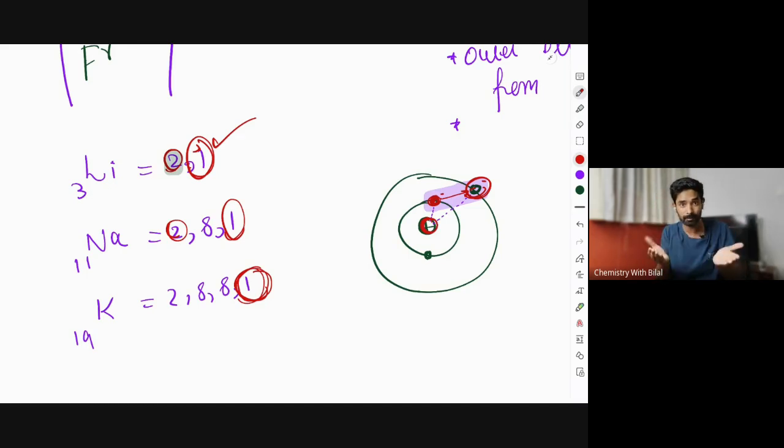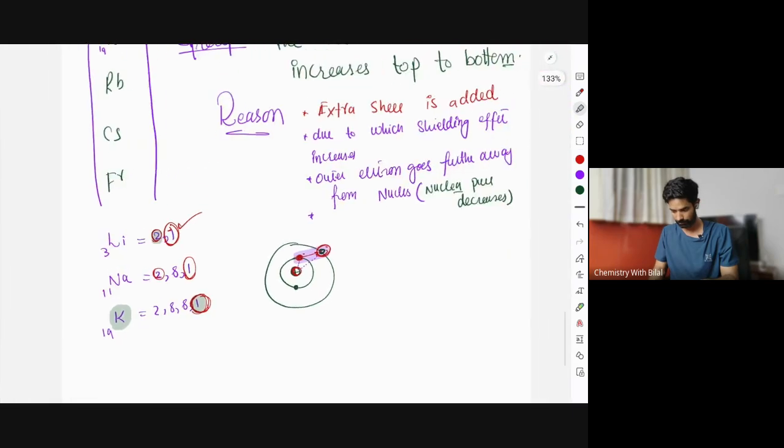Because atomic radius is increasing, nuclear pull is decreasing, so it is easy for us to remove the electron as you go down. When an electron is removed easily, it is more reactive. So out of these three, potassium is more reactive because it can lose an electron easily, because its valence electron faces very little attraction from the nucleus. I hope this makes sense.